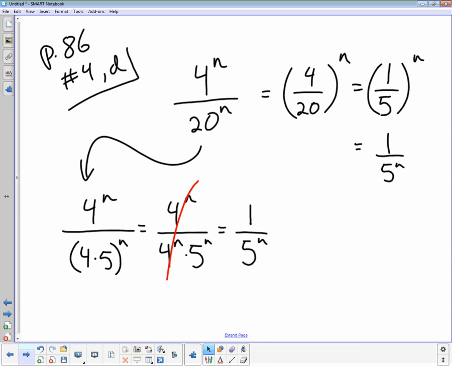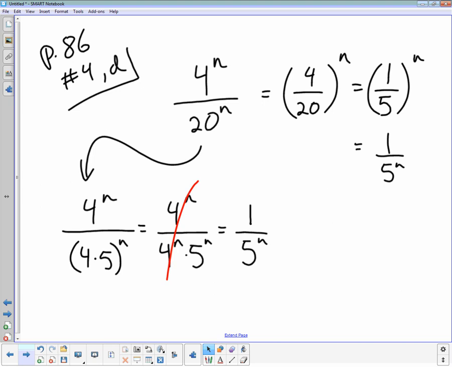Giving you the same answer either way. That's one method. Now, this is not really quote-unquote factoring, and let's try and do one of those. So let's pick a problem that's perhaps a little bit more evil.